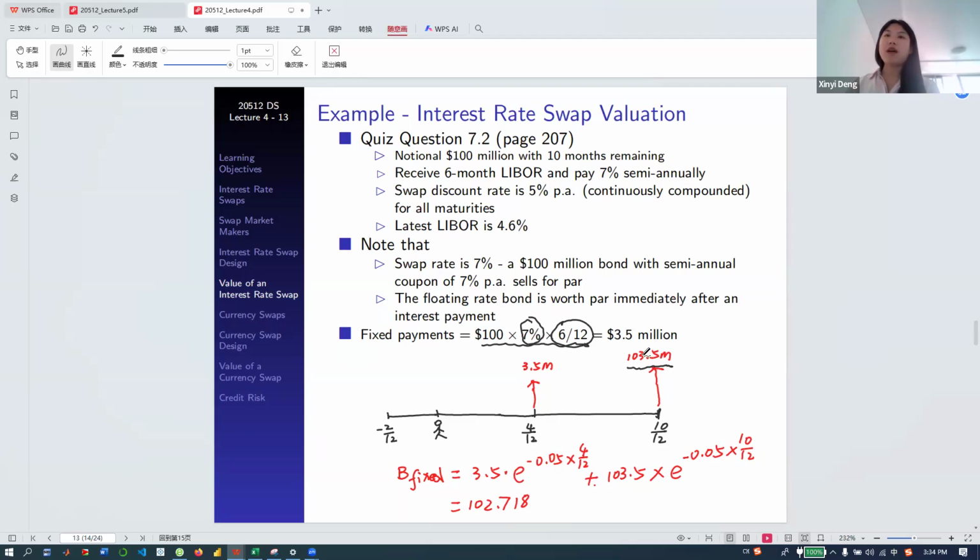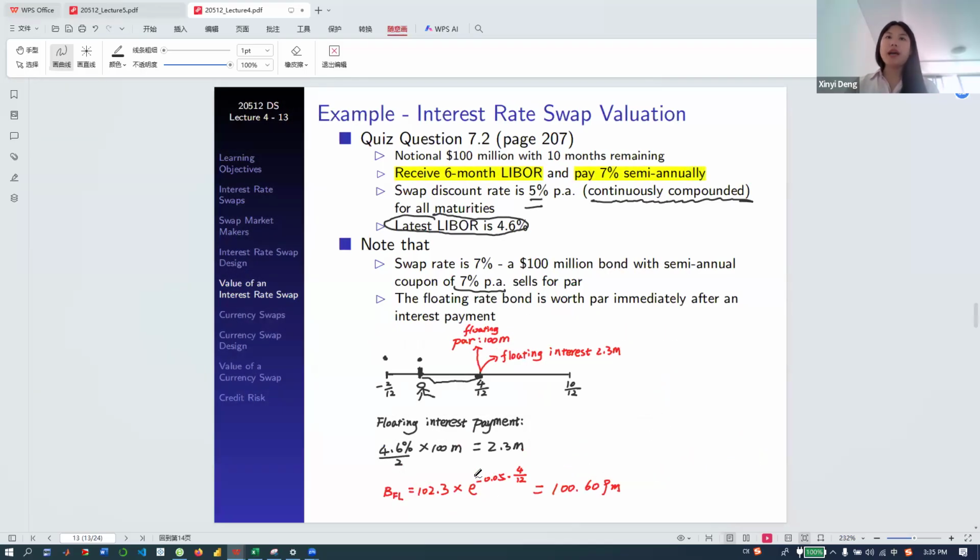And for the $103.5 million payment, since that occurs 10 months later, when doing the discounting we multiply by e to the power of minus 0.05 times the time, which is 10 divided by 12. If you finish the calculation, you'll get that the value of the fixed rate bond is 102.718.